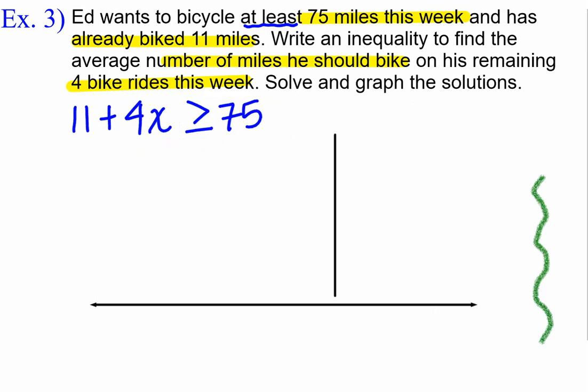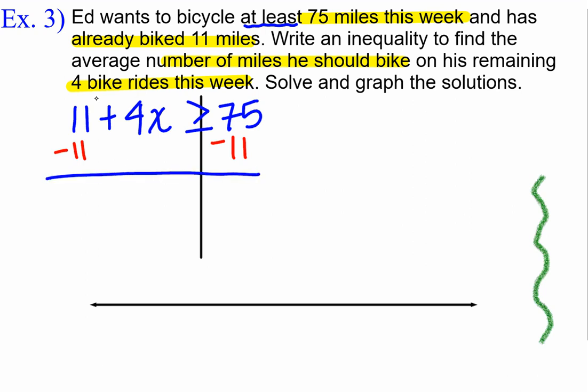So I'm going to bring my little line over, and we're going to separate our sides, and now we're going to solve this. So instead of adding 11, we're going to subtract 11 from both sides. What that does for us is gives us a 0 pair here, and I'm left with 4x is greater than or equal to, and this becomes 64.